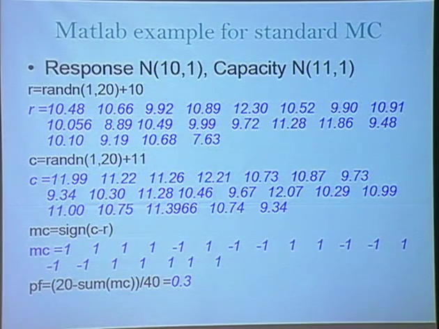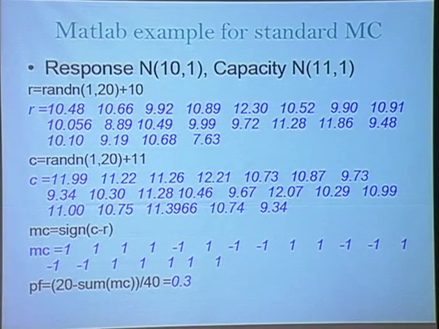So I went to Matlab, and the advantage in Matlab is that I can have any number. And so I first used an example where I can get results that I can show on the screen in every detail, but it doesn't satisfy the separability because I wanted to have a large probability of failure.